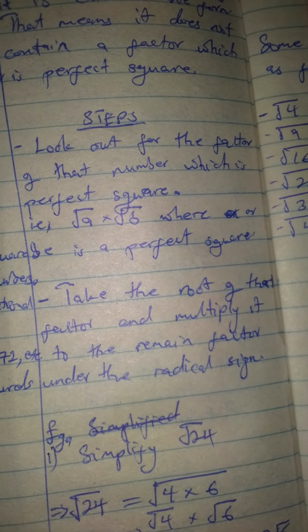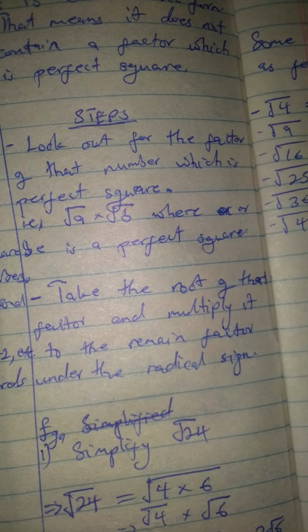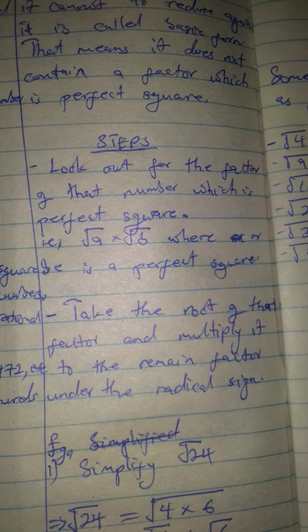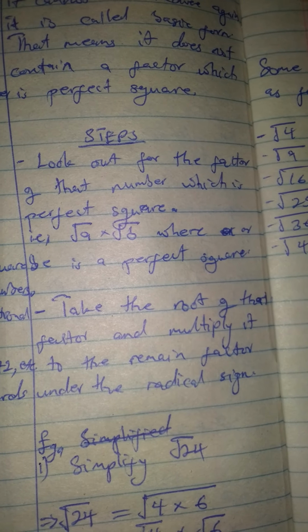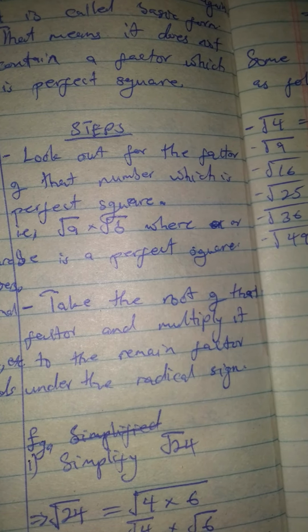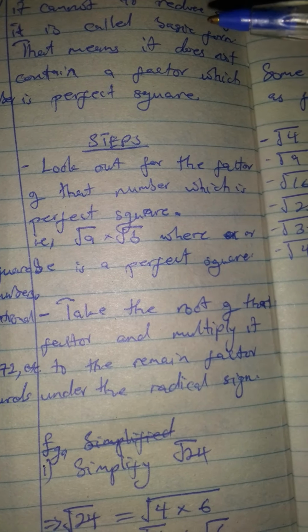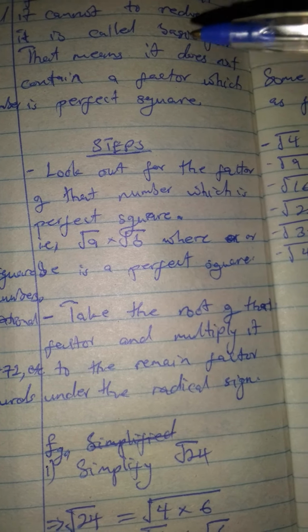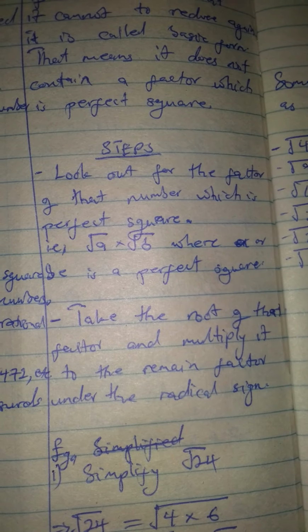Look out for the factors of the number under the radical sign. If the question says reduce so and so under the radical sign, just look for a factor of that number which is a perfect square.